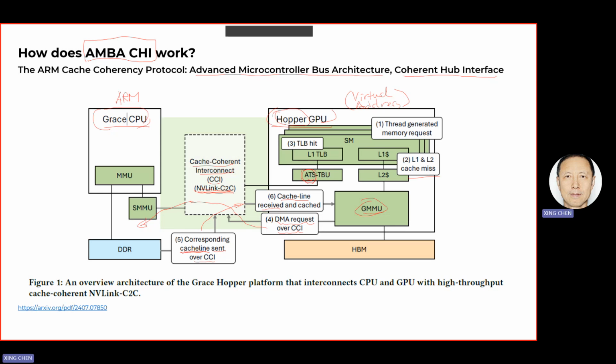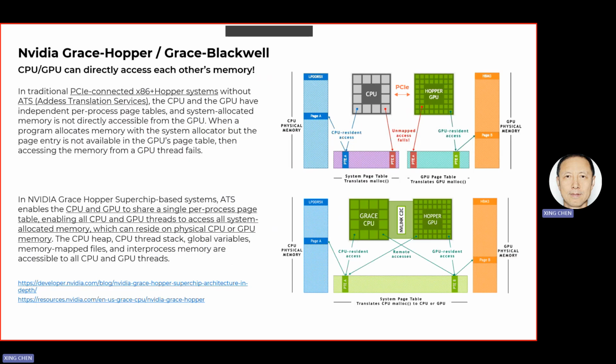Okay. Now let's move on. Let's move to the ATS stuff. For the traditional systems with the Hopper GPUs connected to the x86 CPU, suppose this is the x86 CPU.